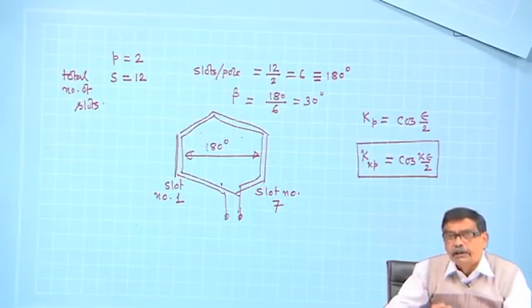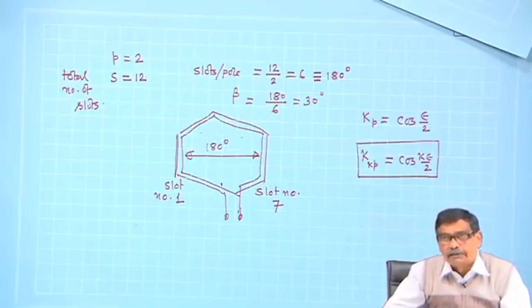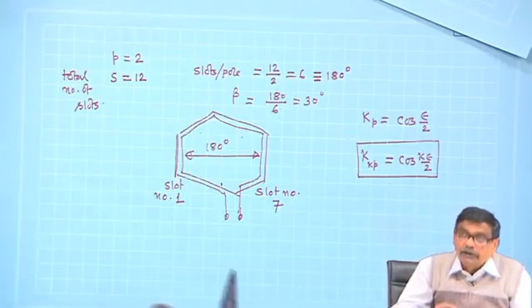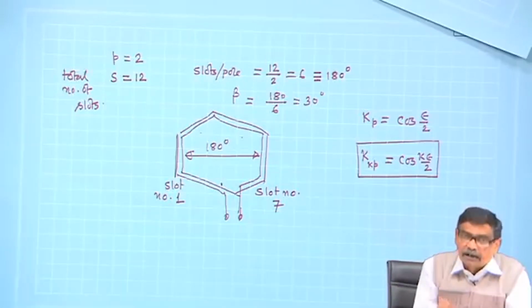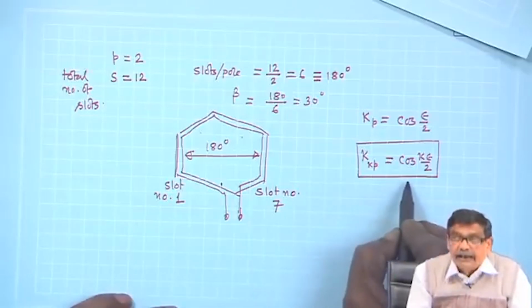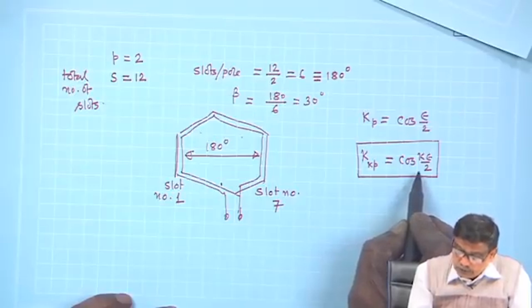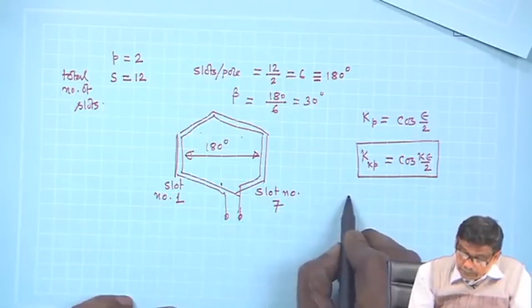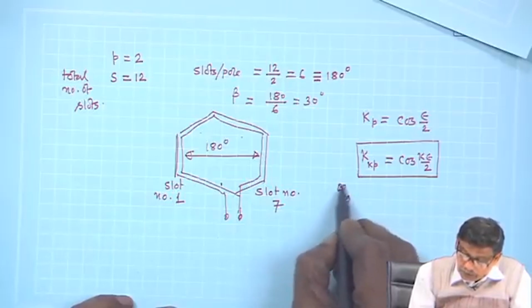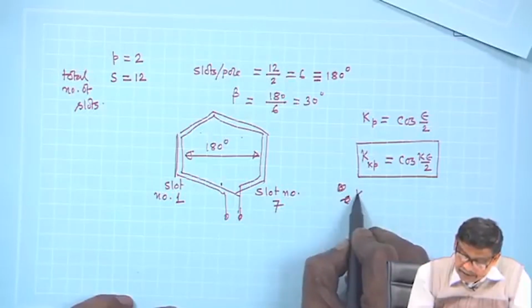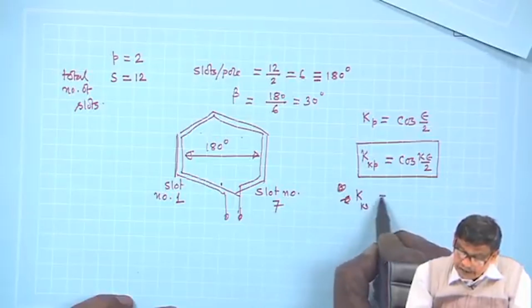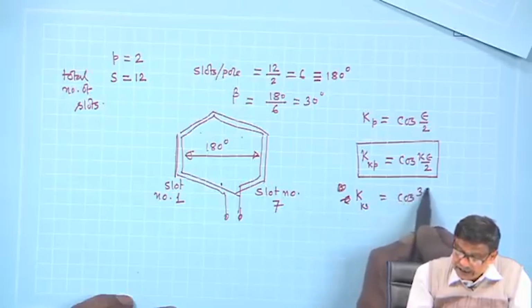Okay, let the third harmonic be present in space, and that will cause induced voltage here. But if you want to annihilate the third harmonic voltage, one clue is here. Can I choose such a value of epsilon which will make it zero? The pitch factor for third harmonic, K3, will be cosine 3 epsilon by 2.